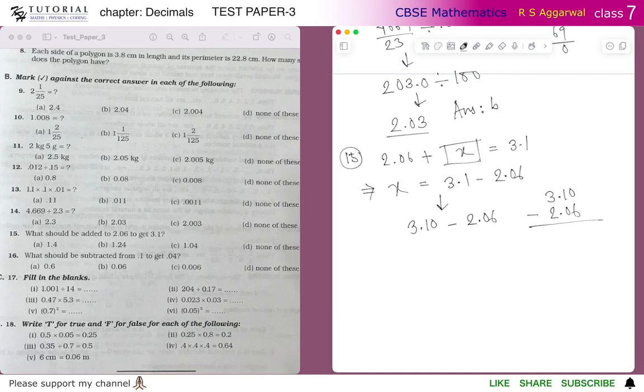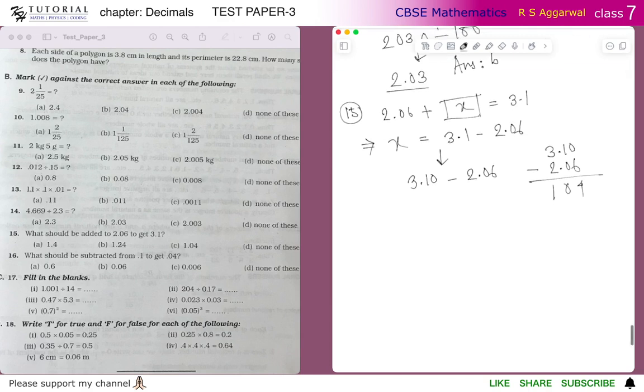Now we do the subtraction just like whole numbers, and it becomes 104. Now we have to put the decimal point in the result such that its decimal places become equal to the decimal places of the two decimal numbers, which is 2. So the decimal point will be here. So 1.04 is the result. So the choice will be C.